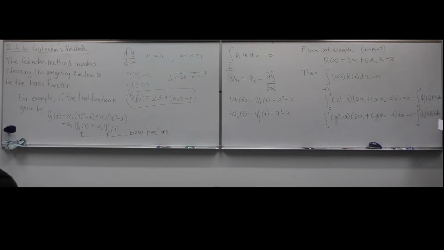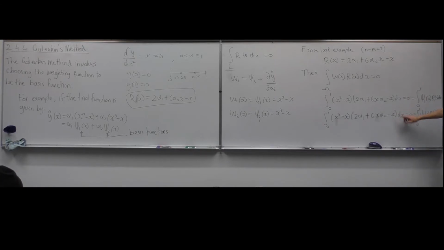So you could see, if you wanted to, you could have a trial function with 3 terms. There'd then be 3 basis functions, and you'd have 3 equations and 3 unknowns. So it would just be more time consuming to solve.